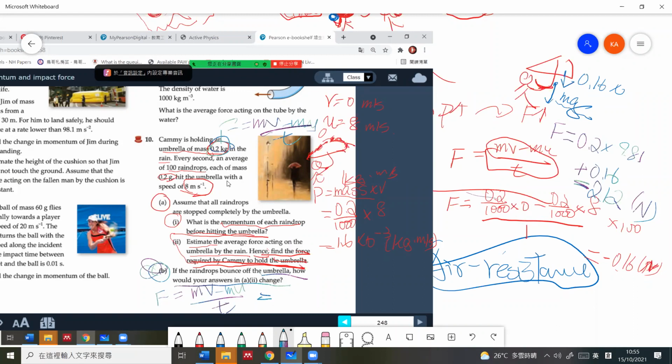To make sure you have a better understanding, we can do the calculations again. We can imagine that the rings bounce off at the same speed as they go in, but in opposite directions. Then we will have the equation like this.